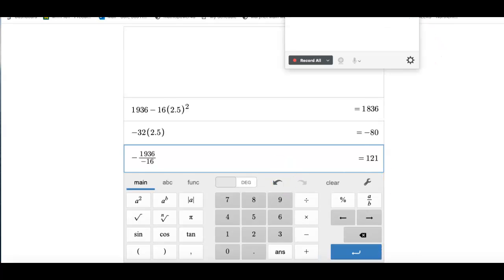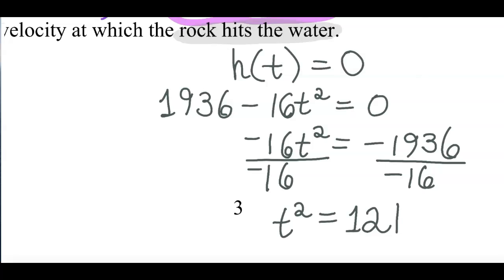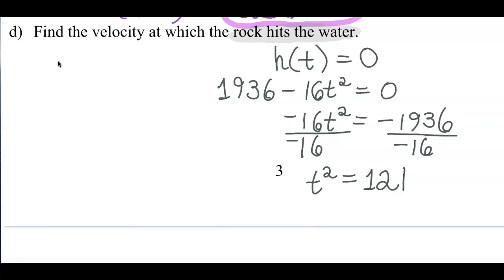Very nice number, 121. And technically, as we take the square root of both sides, it is t equals plus or minus 11, because the square root of 121 is 11.